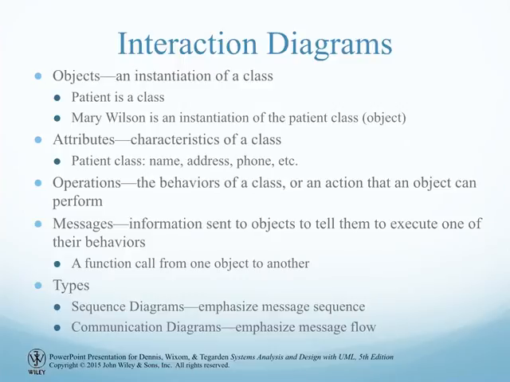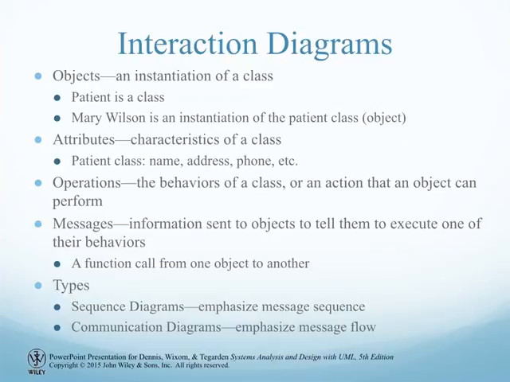The fourth type would be messages. These are essentially the method parameters and return values. What is being asked for? If you wanted to get, for example, the date of birth of a patient, you're going to be sending a request for that to the patient. You're going to send a method. It may not have any parameters in it. It might just be a get date of birth method.